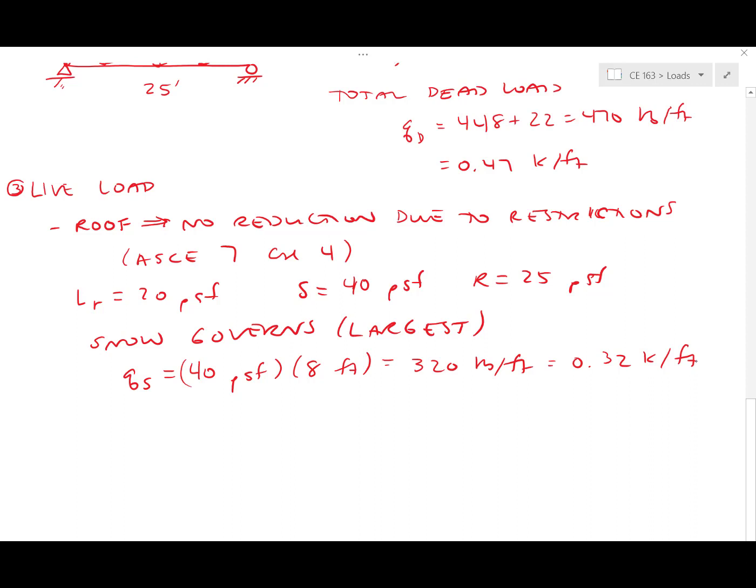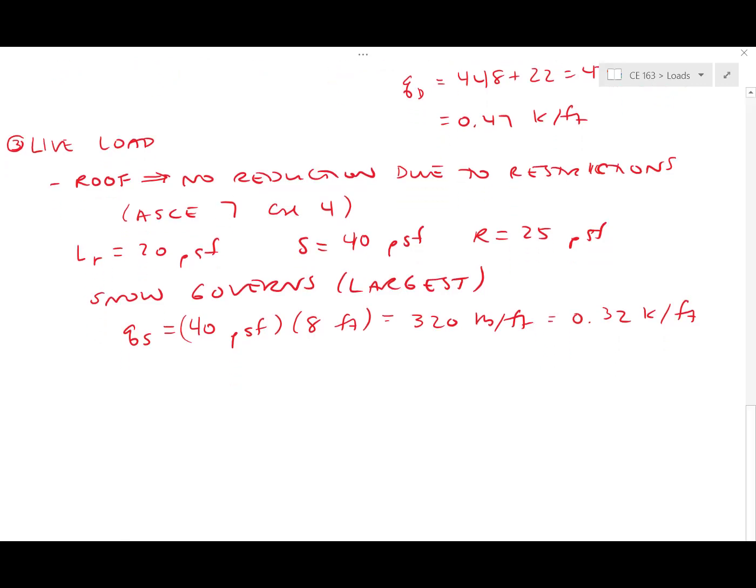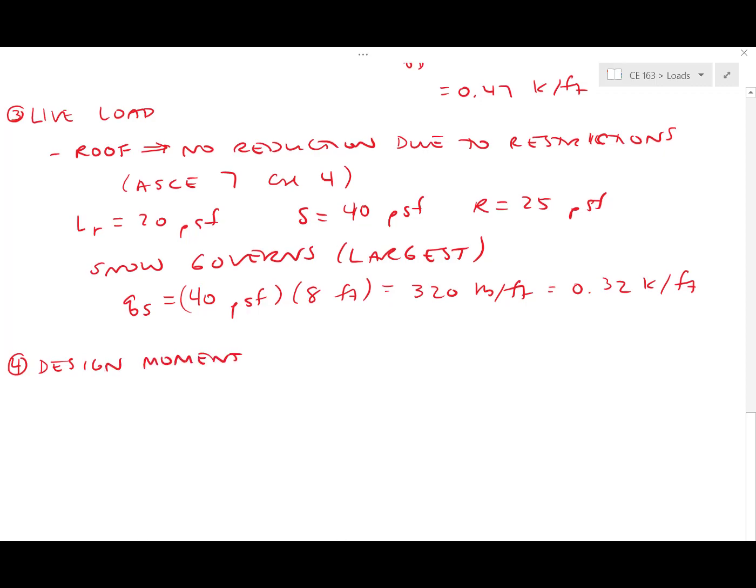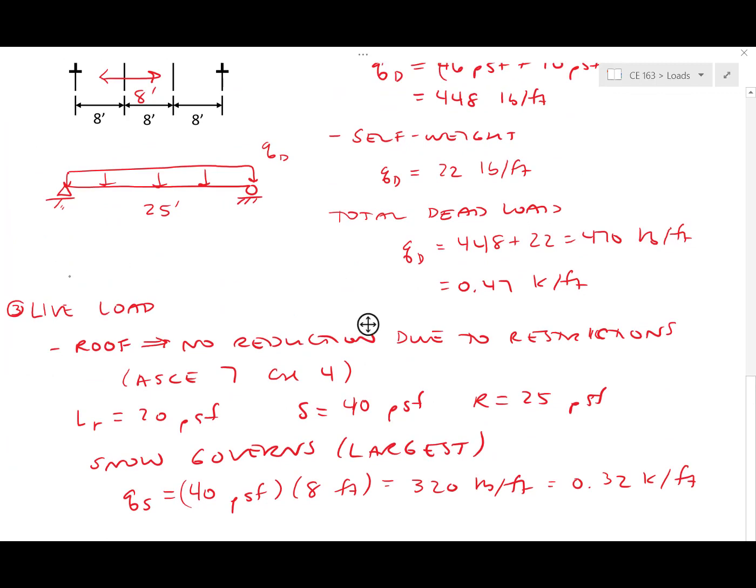What we're ultimately trying to get to for a beam member is the moment. Right, that's what we want to plug into our LRFD equation. So we're aiming for a design moment, right? And hopefully we remember our moment diagram looks like a parabola with a max value of wL squared over 8.